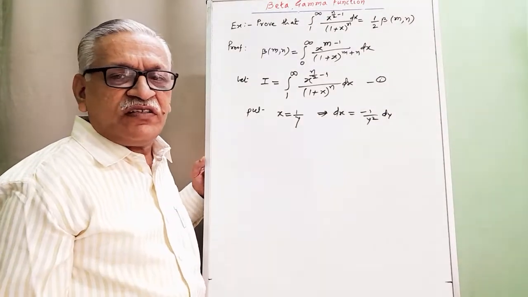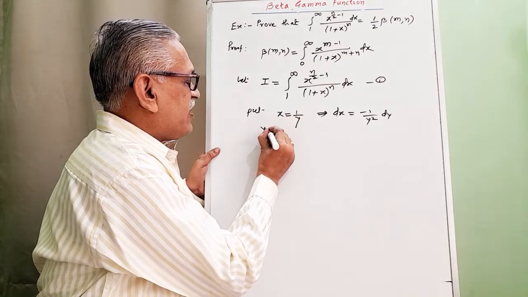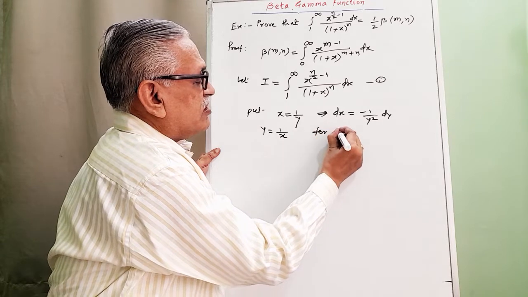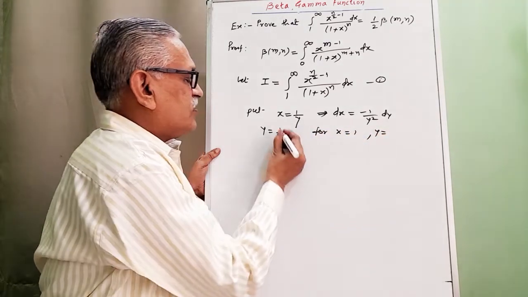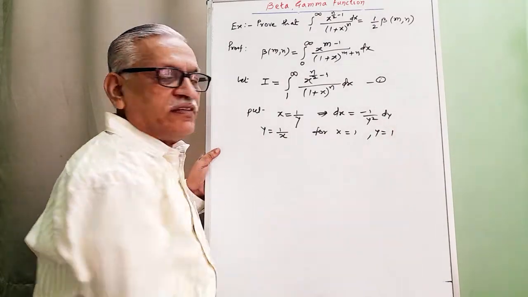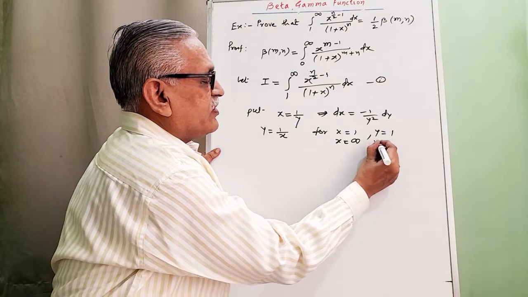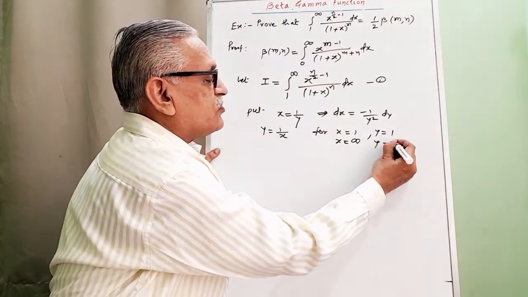As we are using the substitution, we find the new limits. We get y = 1/x. For x = 1, y = 1/1 = 1. For x = infinity, y = 1/infinity, which is 0.